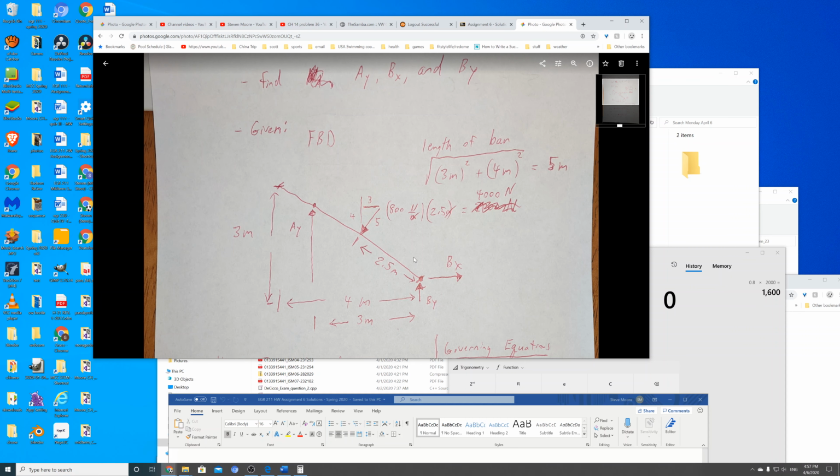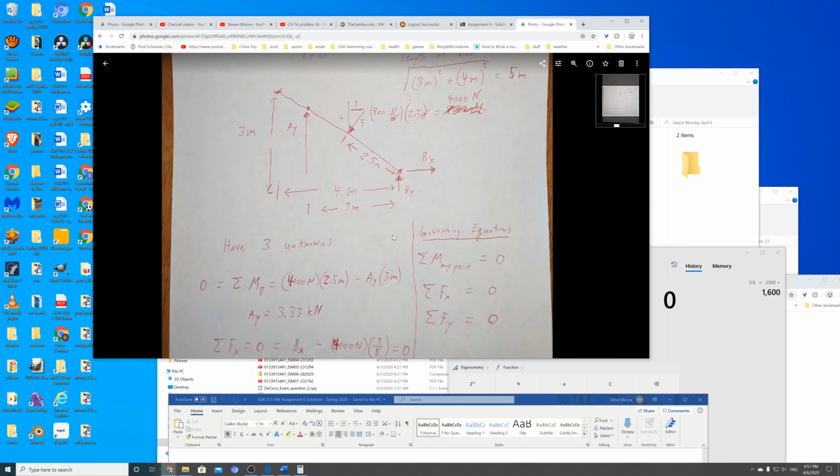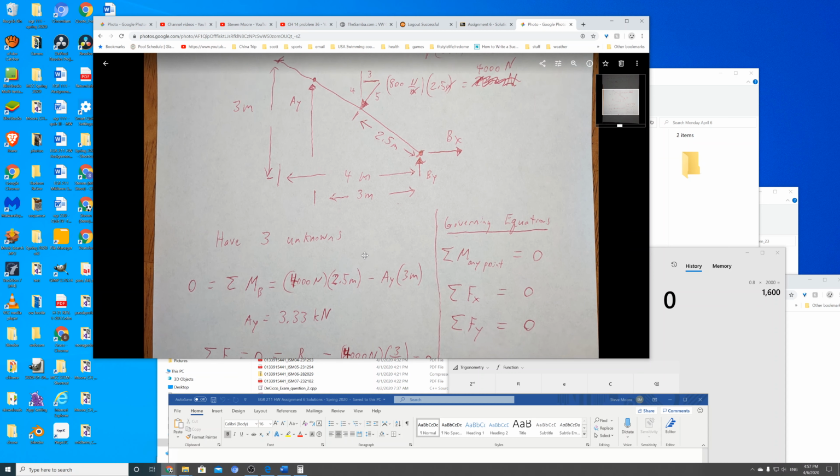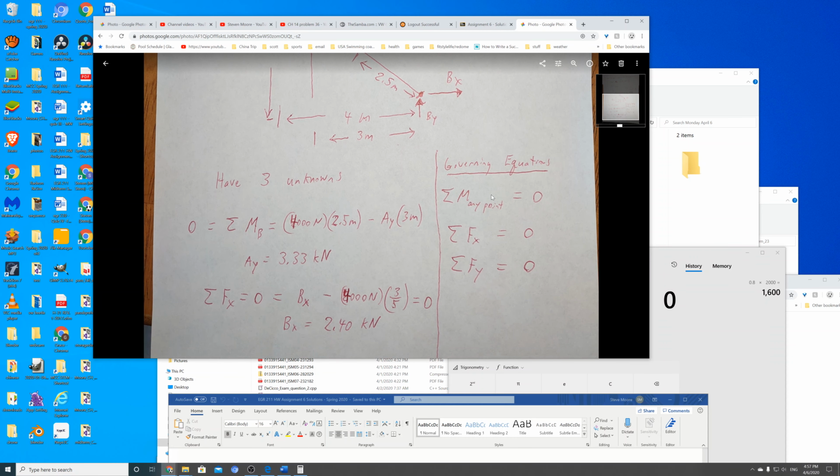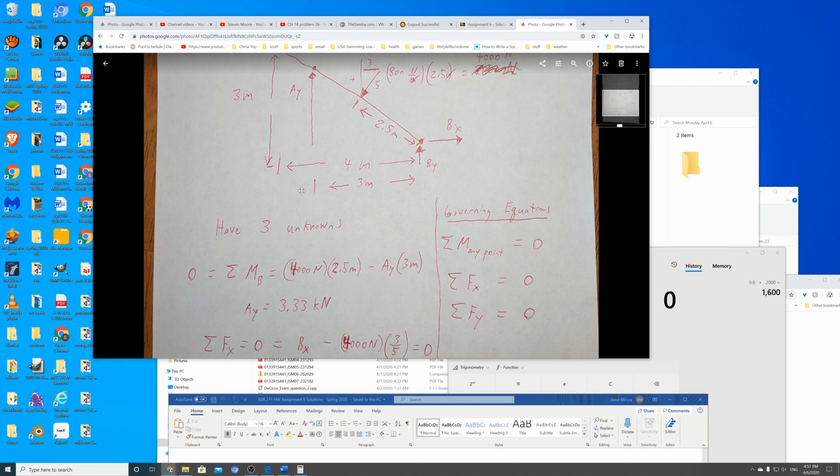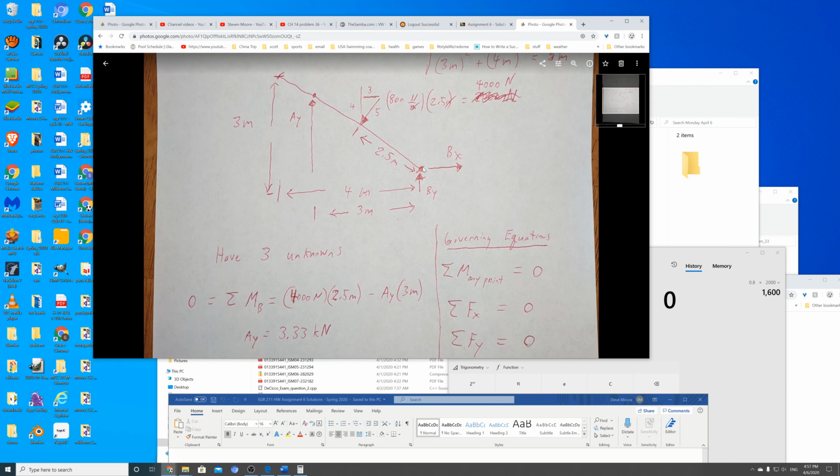Okay, so we can continue on with this, and we have our governing equations, right? The usual: moment about any point is equal to 0, summation of the forces in the x direction equal to 0, and summation of the forces in the y direction equal to 0. We're starting off with 3 unknowns. First thing we'll do for this problem is moment about B. If we do moment about B, we're going to have something here that contributes to our moment, the force here, and then something here.